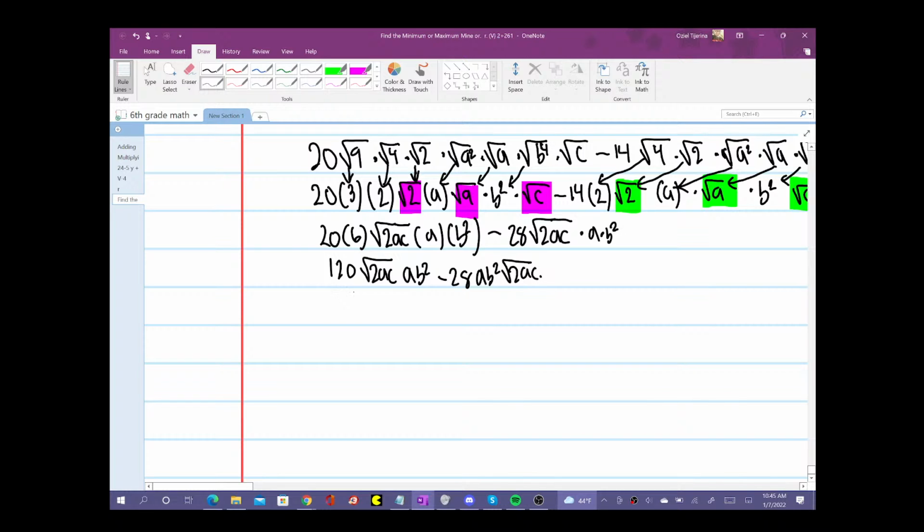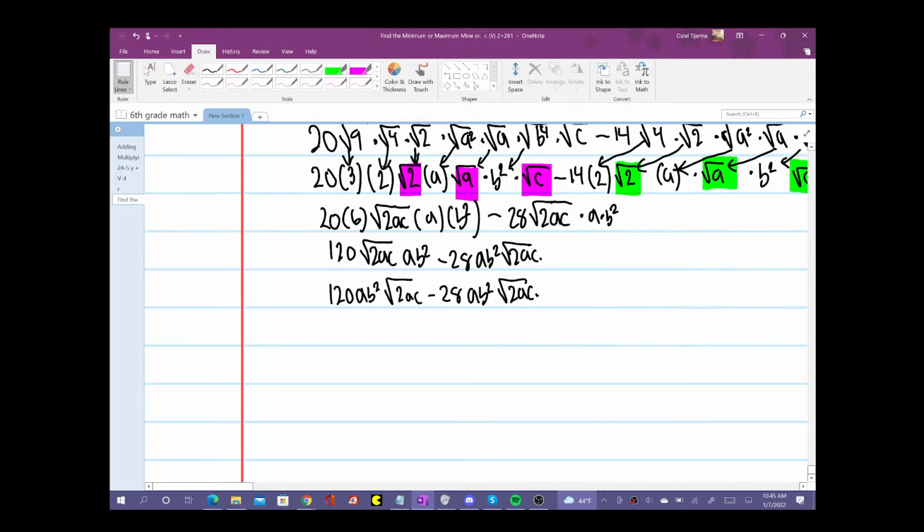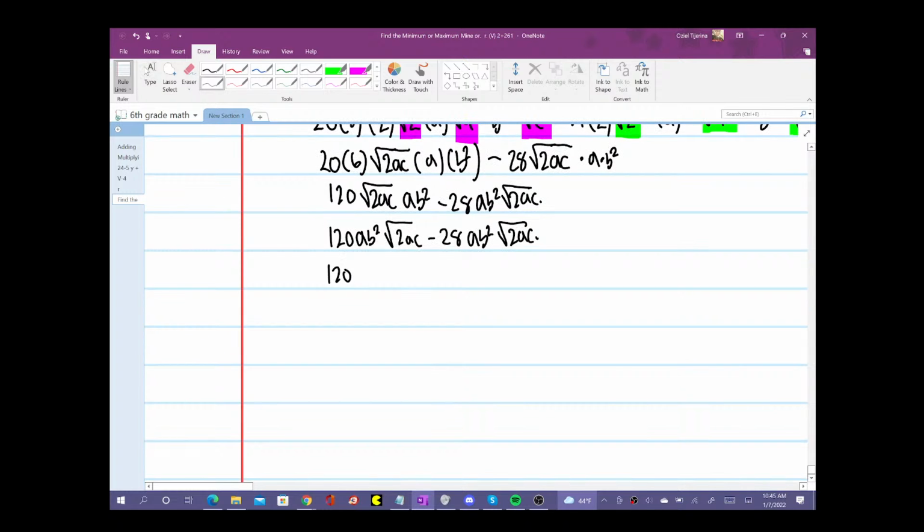They now have the exact same term. You can rewrite it as 120 ab squared square root of 2ac minus 28 ab squared square root of 2ac. So now we can factor.